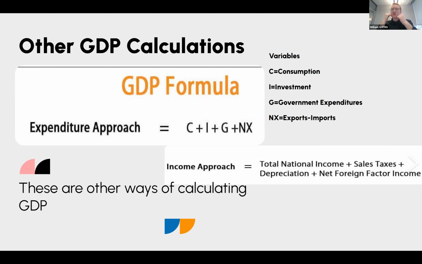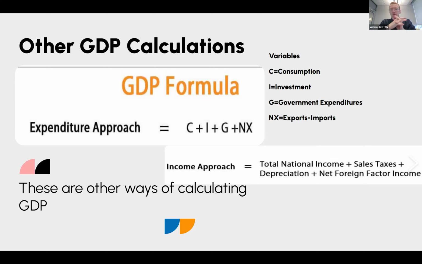So that's an important one because exports is what's going out, imports is what's coming in to our country, what we're selling out versus what we're buying to bring in. So if we're bringing in and buying more than we're selling, this will be a negative number, right? But if we're pushing out and we're selling more than we're bringing in, it'll be a positive number. So that's a good thing to know for that.